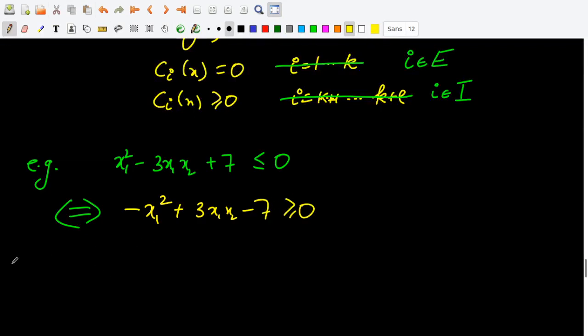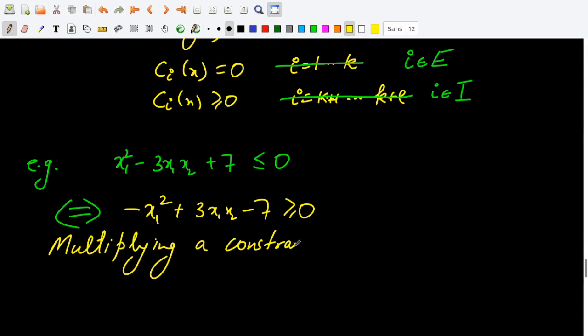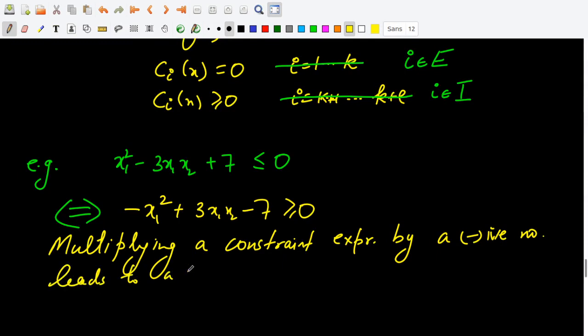Multiplying a constraint expression by a negative number leads to a change in the sign.